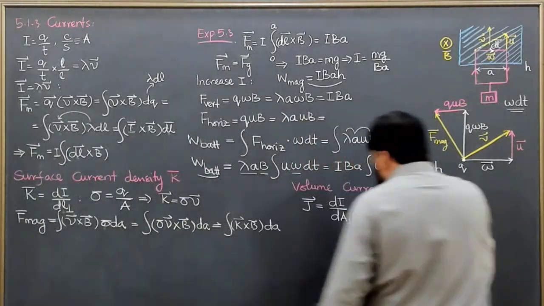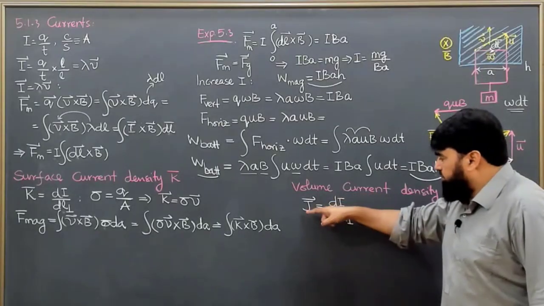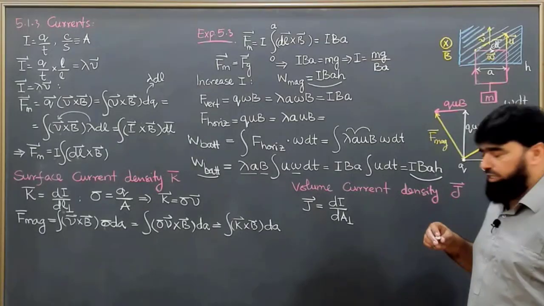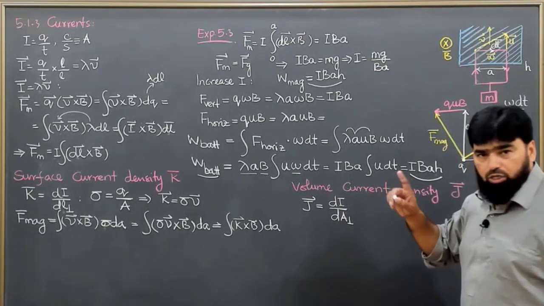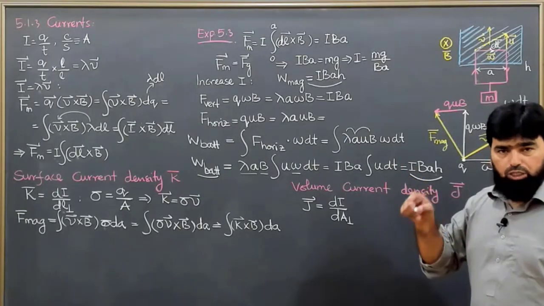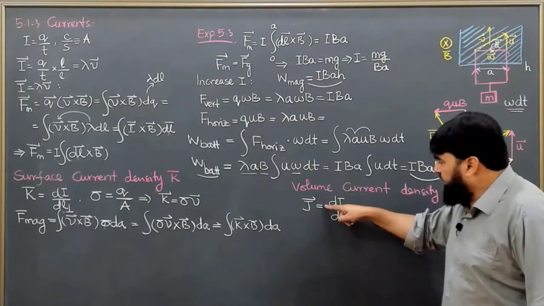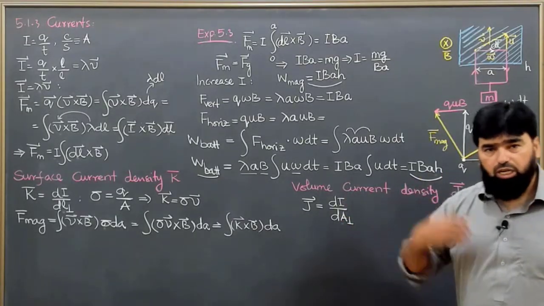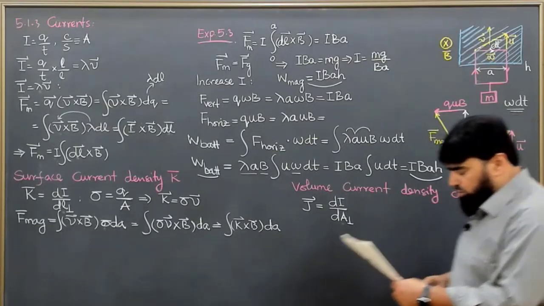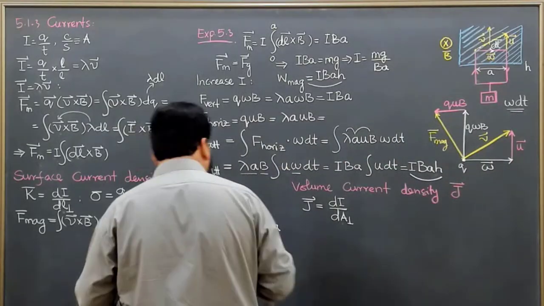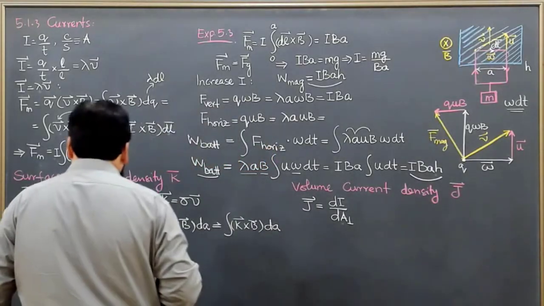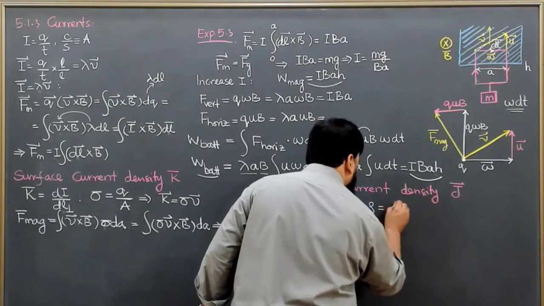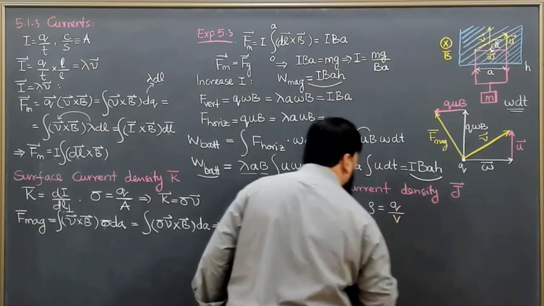Similarly, for the volume, we were writing charge per unit volume, the rho. But when we write current, it will be the perpendicular area, the cross-sectional area that it will be facing. So dI over dA perpendicular.